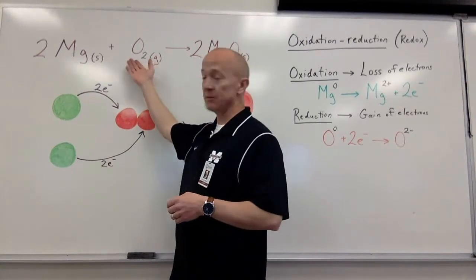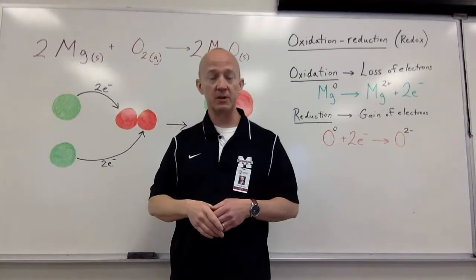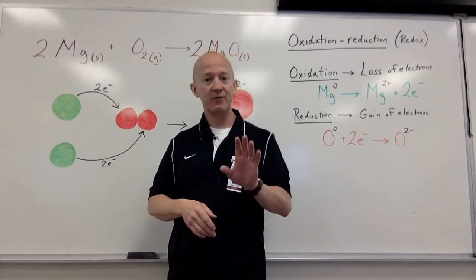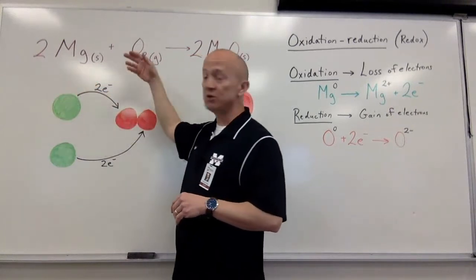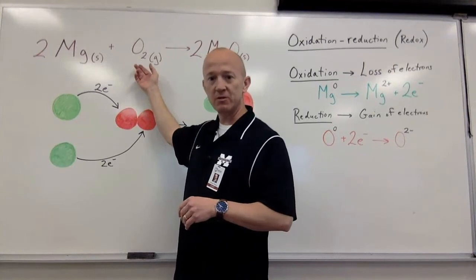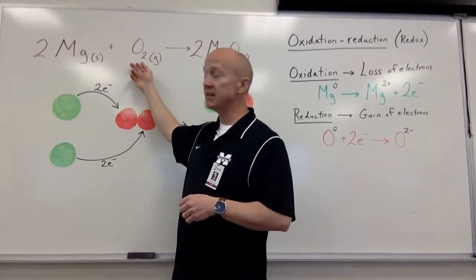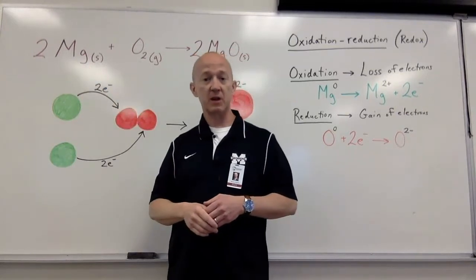Likewise, this element, while being reduced, is causing this other element to be oxidized. Therefore, we would say that magnesium is the reducing agent. It causes the oxygen to be reduced. And then oxygen is the oxidizing agent. It causes the magnesium to be oxidized.